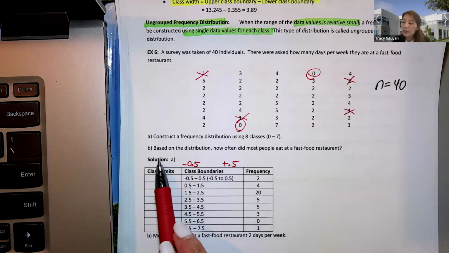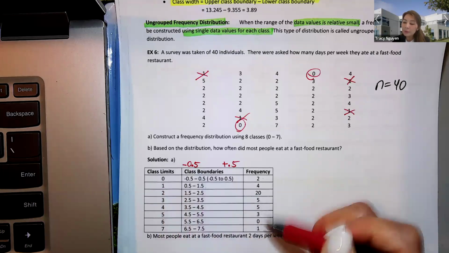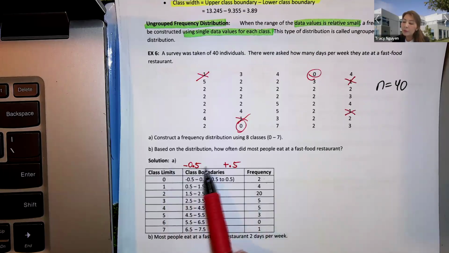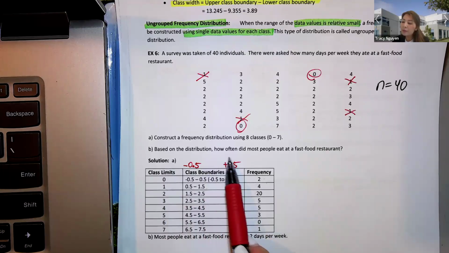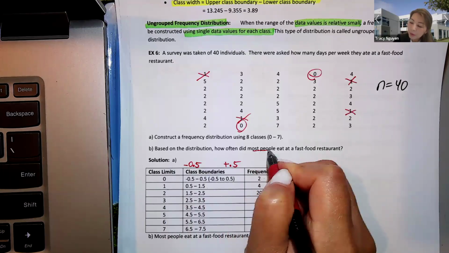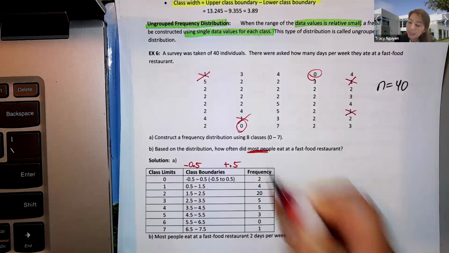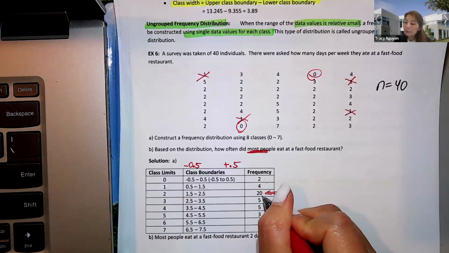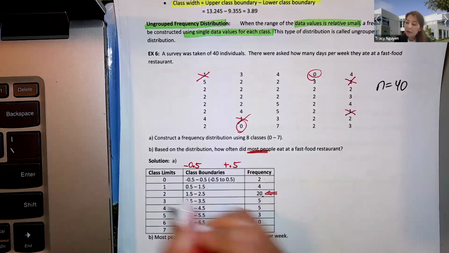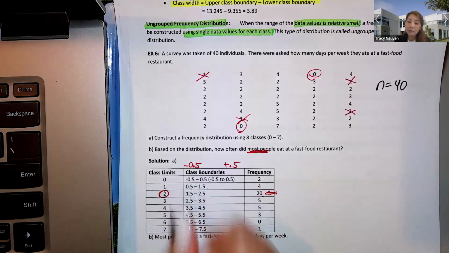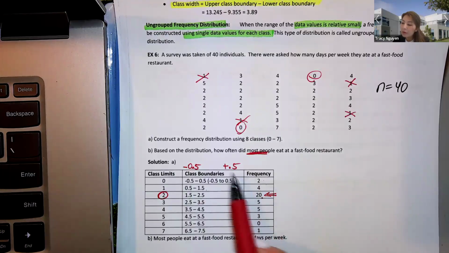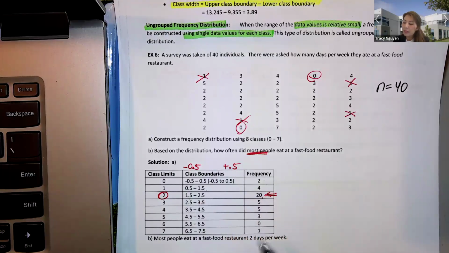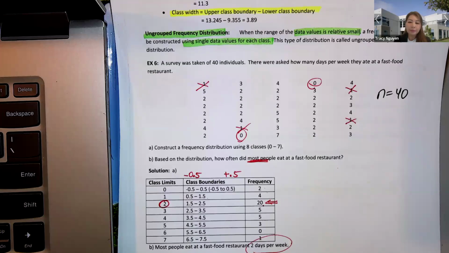Part B, based on the frequency distribution, assuming that we complete it, how often did most people eat at a fast food restaurant? So you're looking for the one with the highest frequency, so the most we see here is a frequency of 20, and that would be 2 times a week, okay? So it would be 2 days a week.